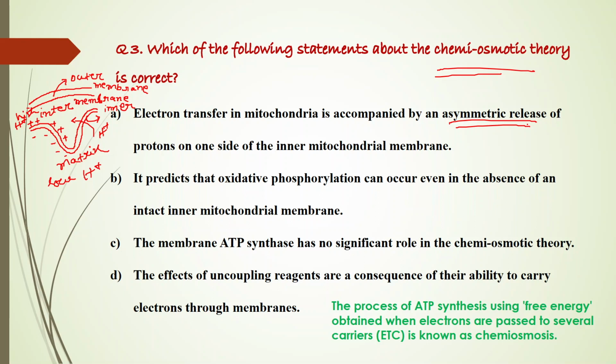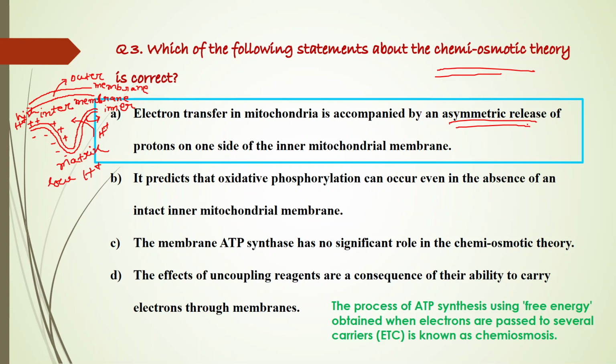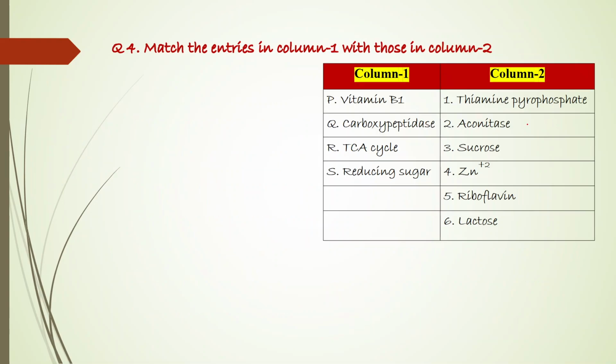So according to our chemiosmotic theory, the first statement is the correct one. Okay, I hope this one is clear. It was just talking about the process through which the proton transportation occurs. Fine. Let us move to the next one.